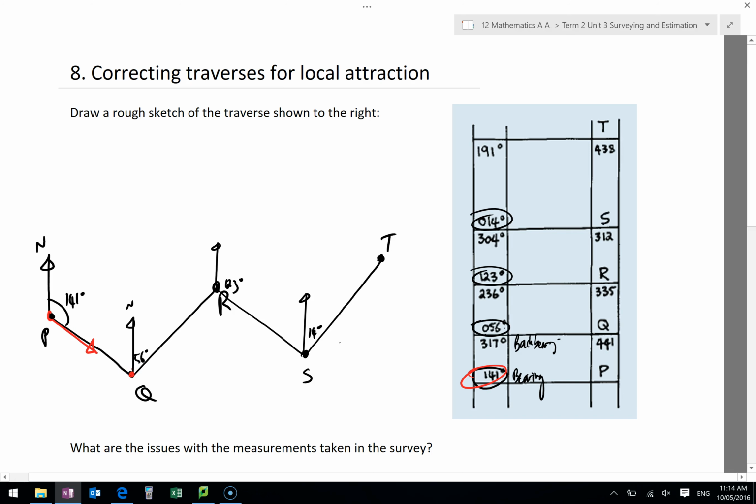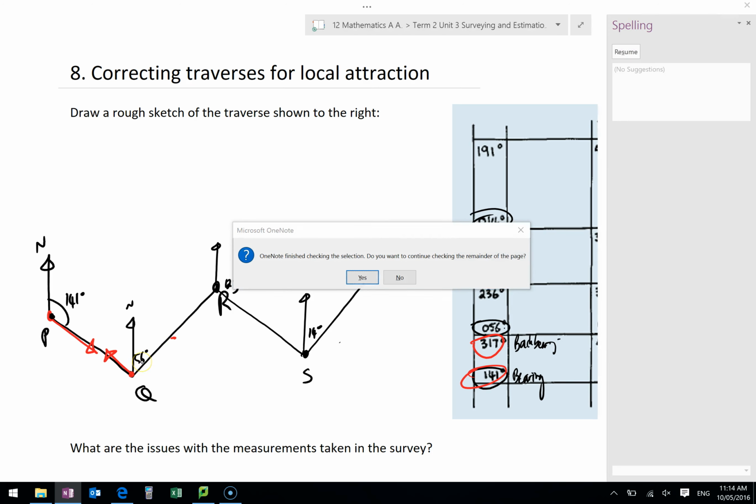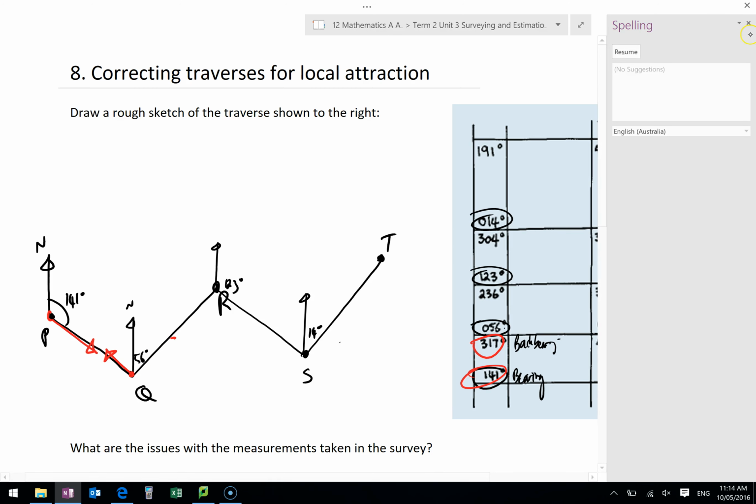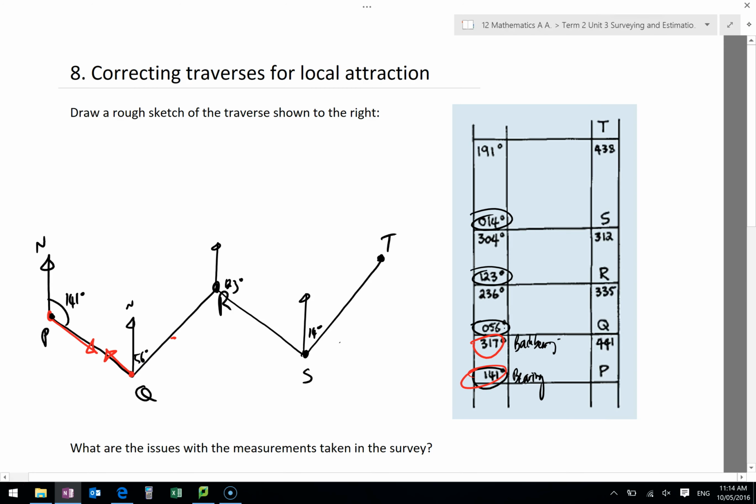When they get to Q, they'll look back again with their compass and write that back bearing. Then they'll go to R. From Q to R, they measure that bearing, get to R, measure the back bearing, and measure the bearing to S.